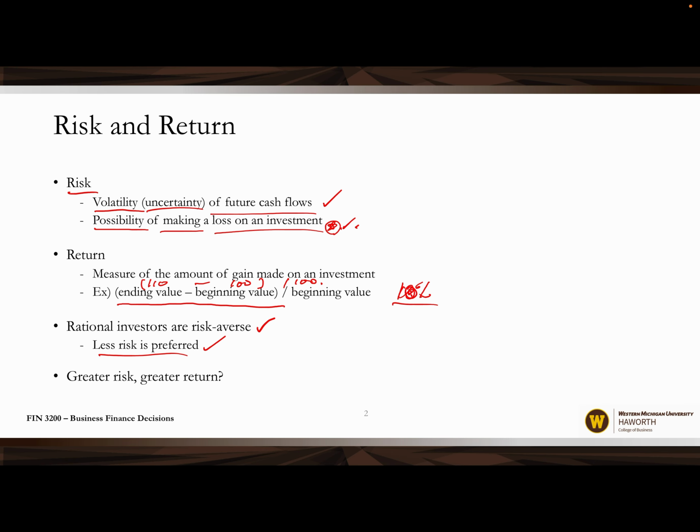Lastly, people in the world often say, "Oh, greater risk means greater return." You see a lot of people saying that, especially on YouTube these days, that you have to take a lot of risk. That's somewhat correct. To be precise, since we've been talking about finance, we want to say greater risk, greater expected return.